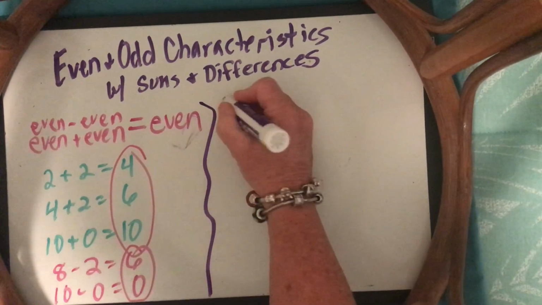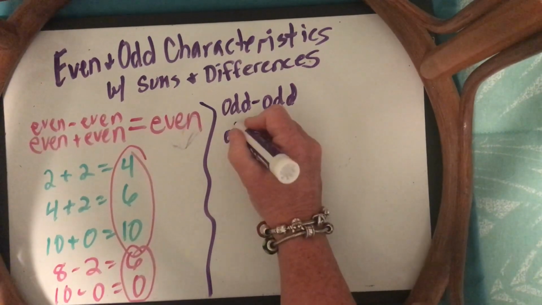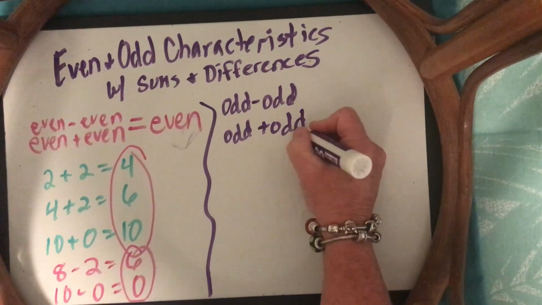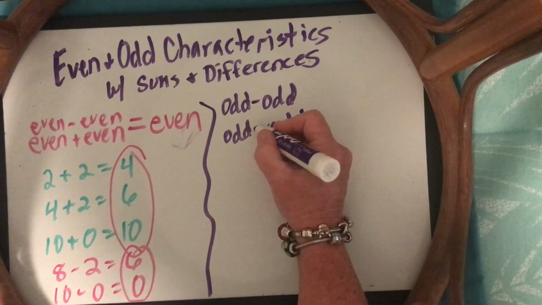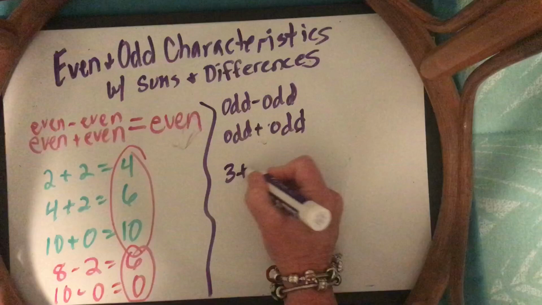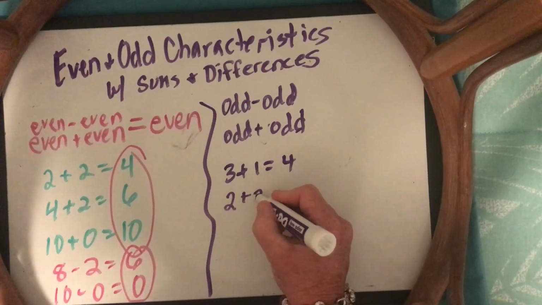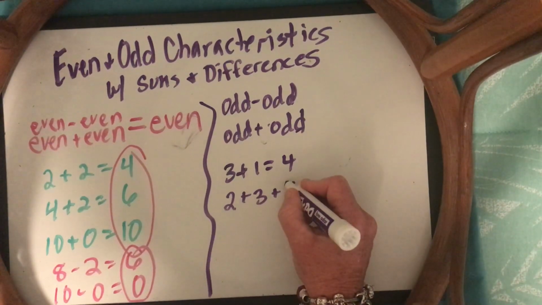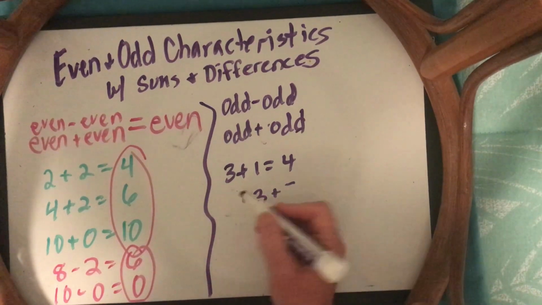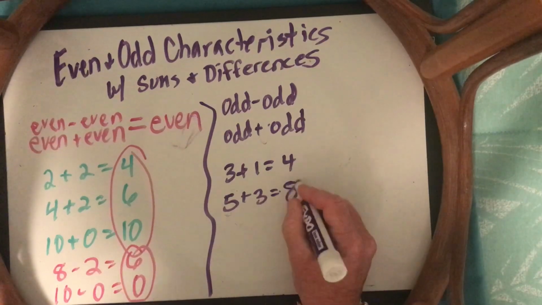Okay, moving on to the next one. What about odd numbers? What if we have an odd minus an odd, or an odd plus an odd? Let's try some examples. We've got 3 plus 1. That's a 4. Let's do 5 plus 3. 5 plus 3 equals 8.